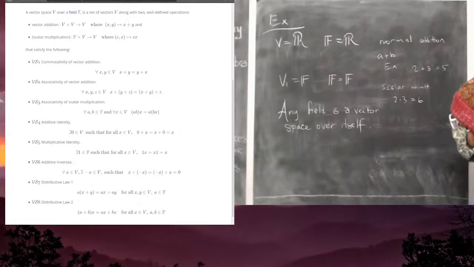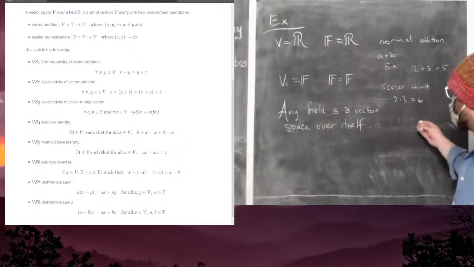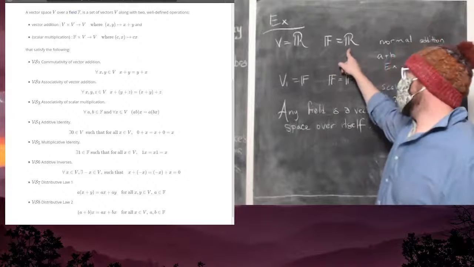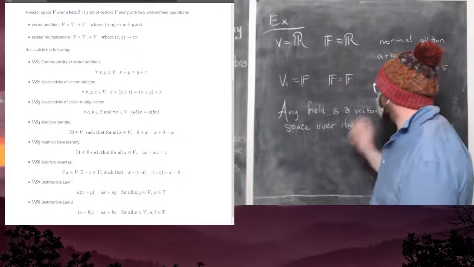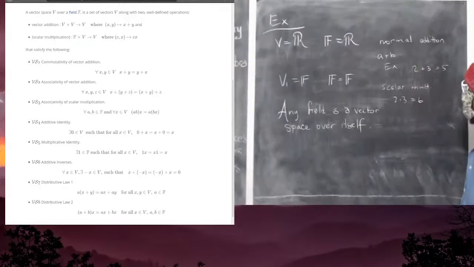So anytime you have a field, any field is a vector space over itself. So take the complex numbers over themselves, the rational numbers over themselves, the rational functions over themselves. But there's other times you have to be a little careful. There's also finite fields, which I'll talk about at the end.